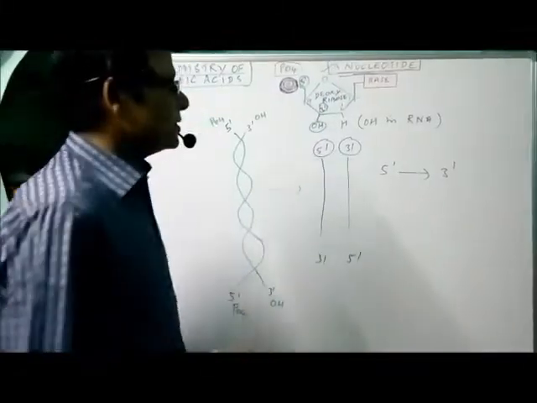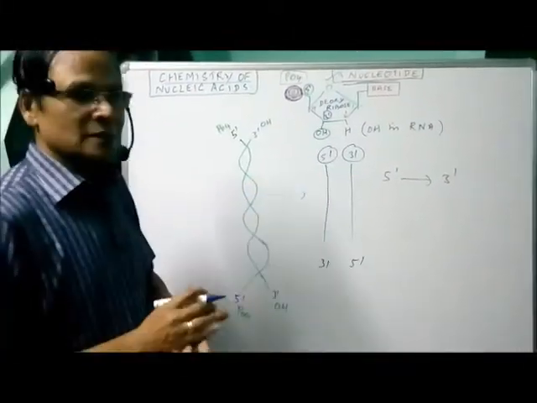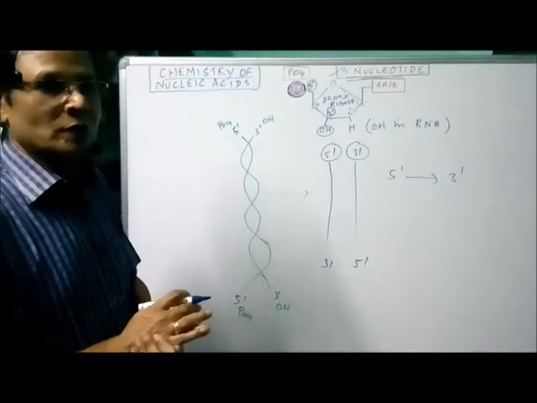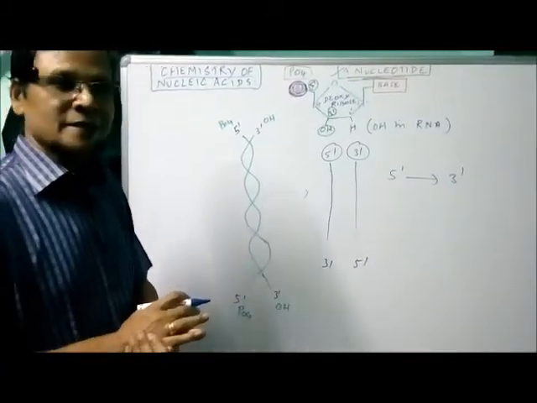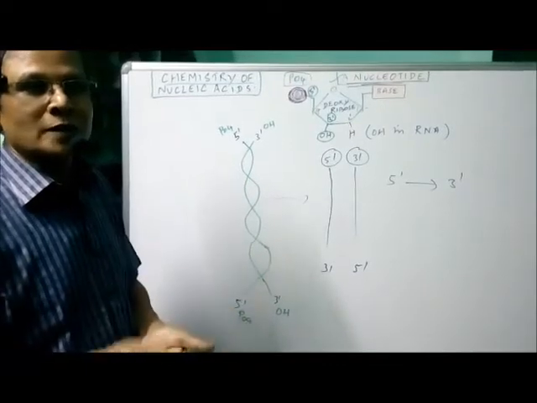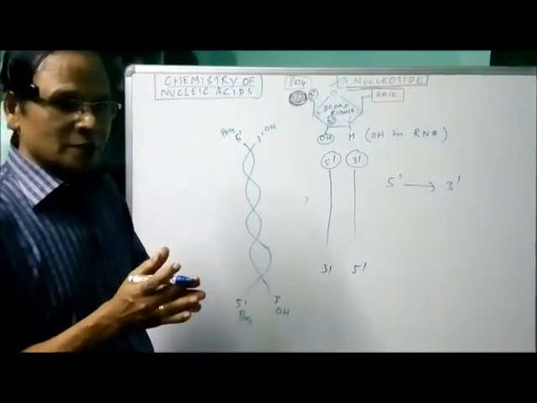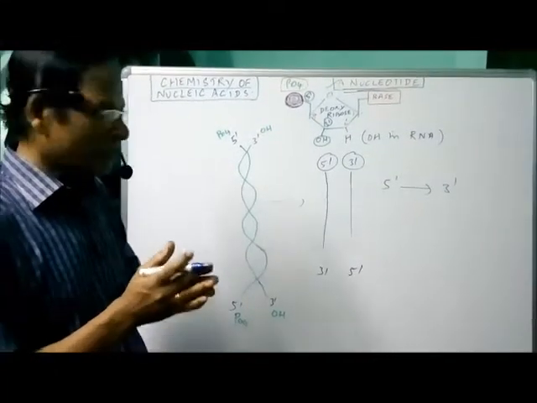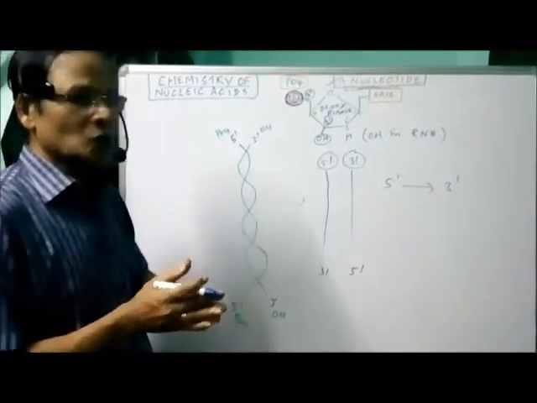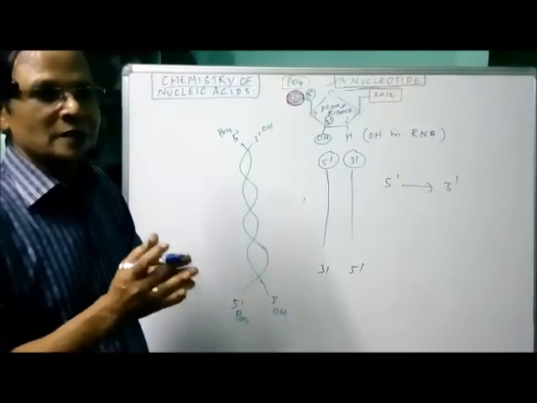Understanding the direction of 5' to 3' is critical for understanding processes like replication and transcription, because either transcription or replication always occurs in the 5' to 3' direction.